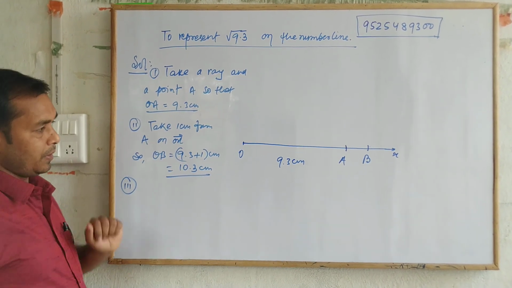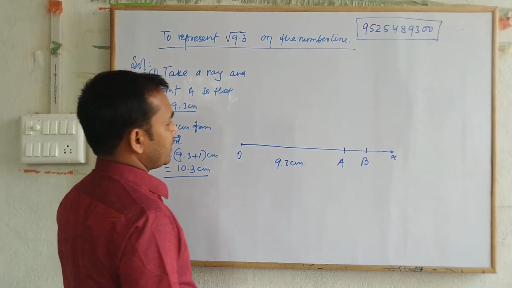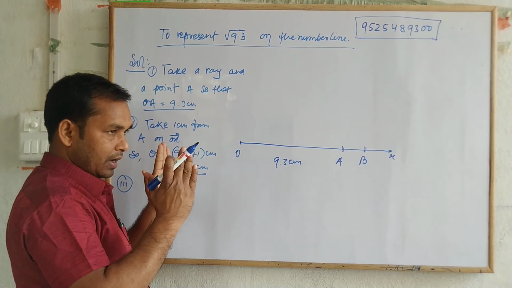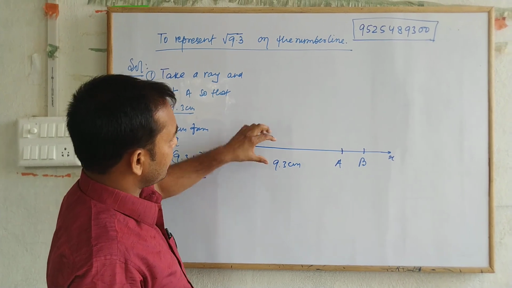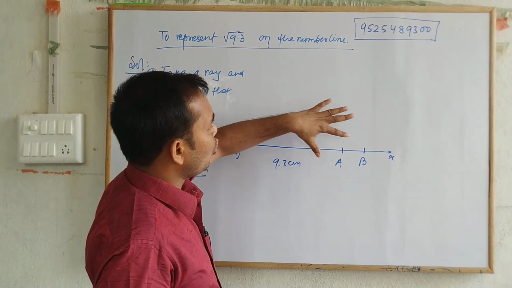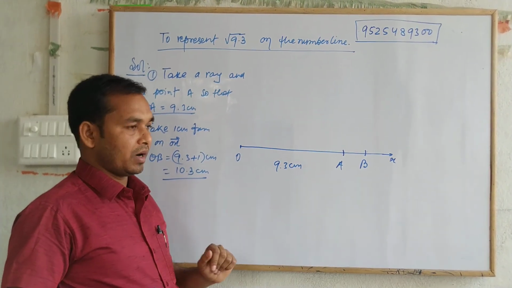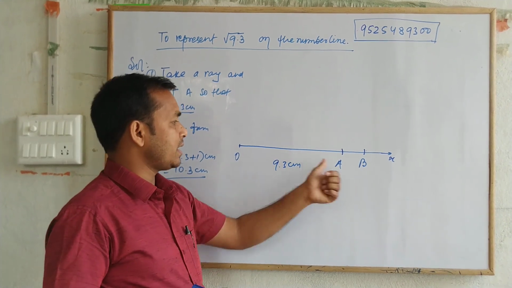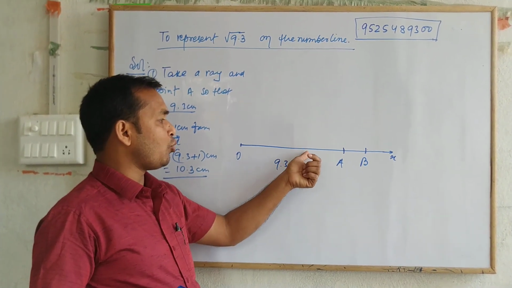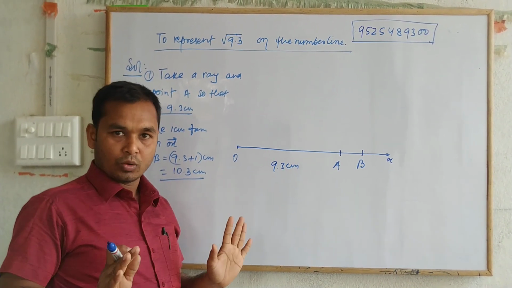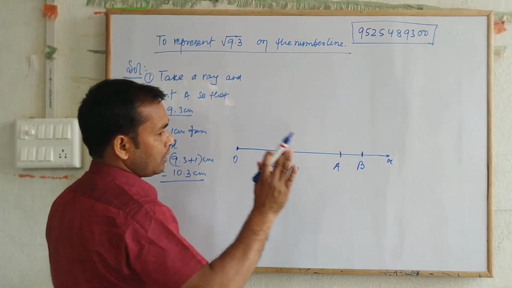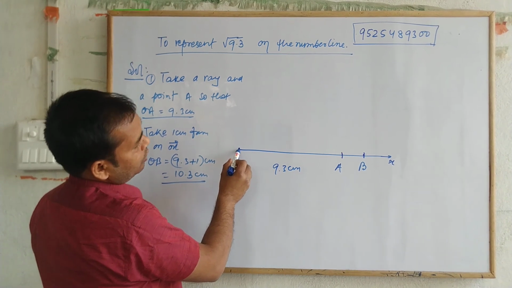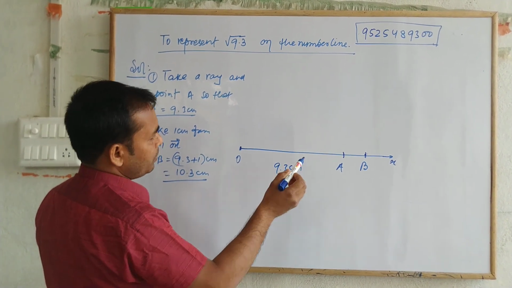Step 3: we take a compass and divide OB into two equal parts. That means we have to bisect OB to get the midpoint of OB.